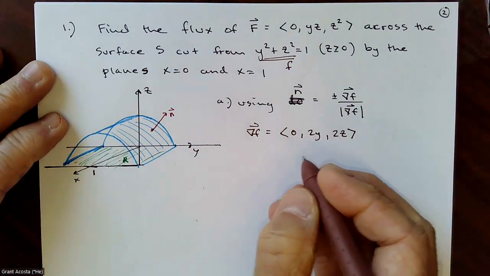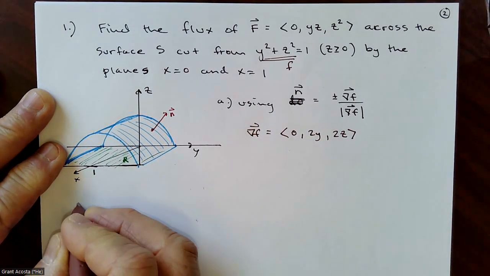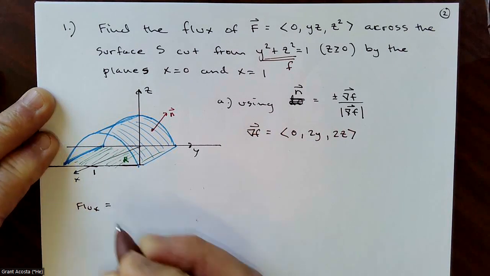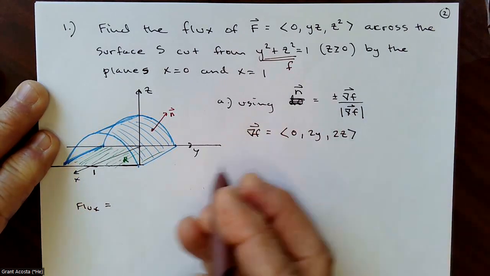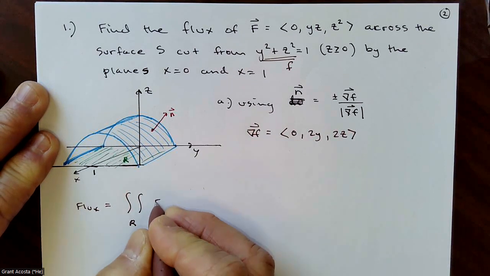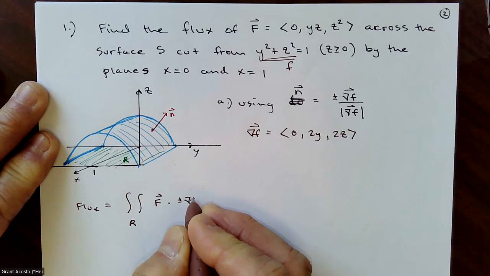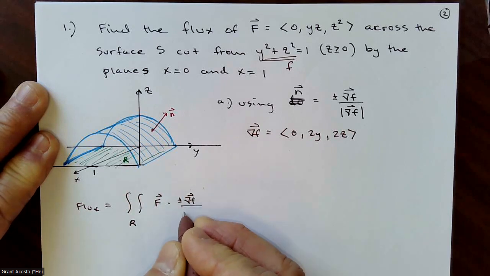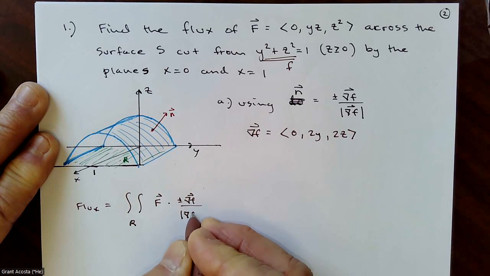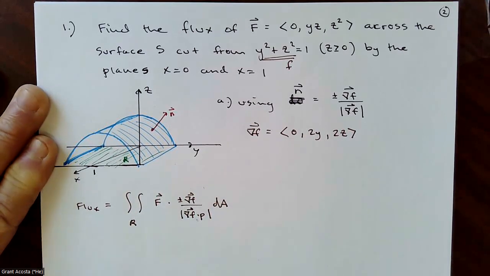In the formula we're going to use, since we're using the gradient method, we're going to be doing the double integral over the region of f dotted with plus or minus the gradient of f divided by the magnitude of the gradient of f dotted with p over that area.